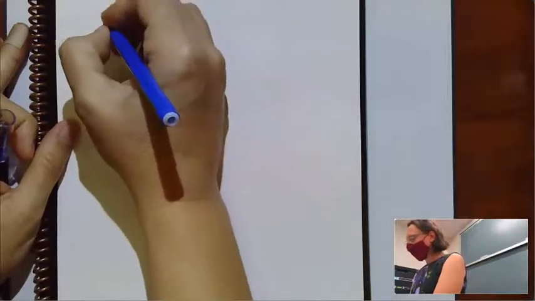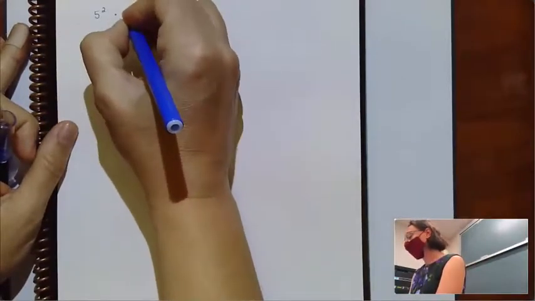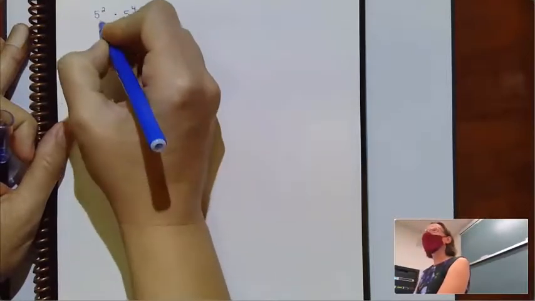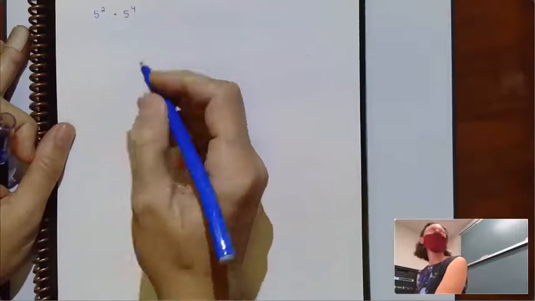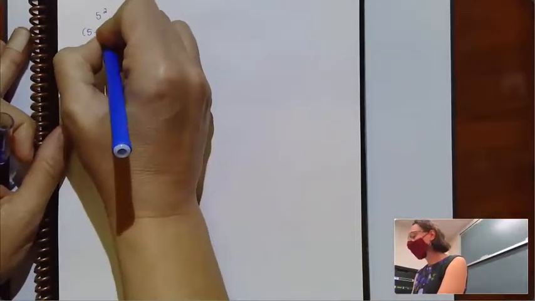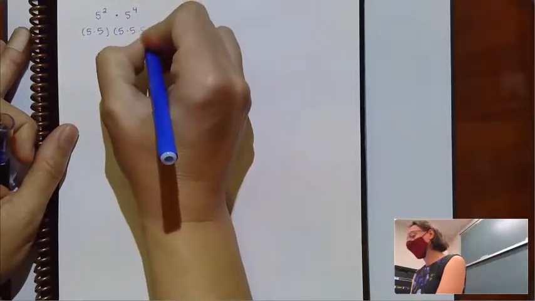it's coming from things like if I had 5 squared times 5 to the 4th. Notation wise, putting that little 2 up there as an exponent means that this is 5 times 5. And that 5 to the 4th means that I had 5 times 5 times 5 times 5.